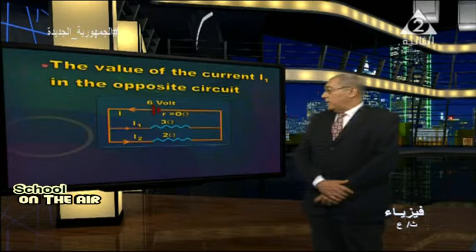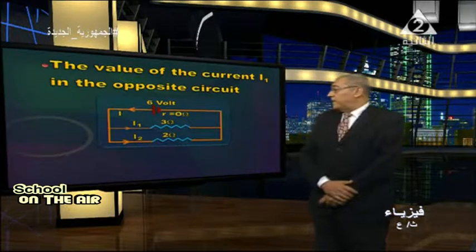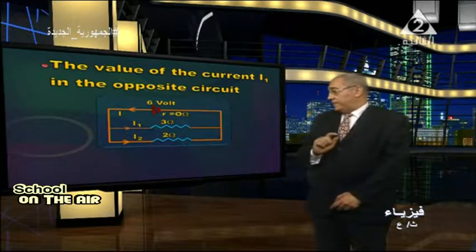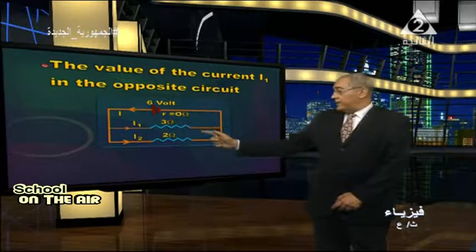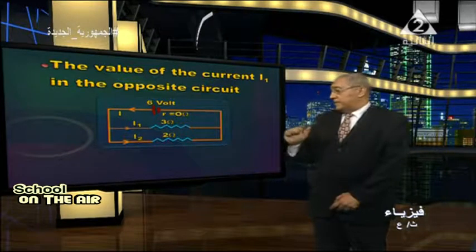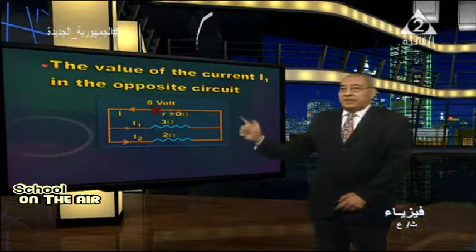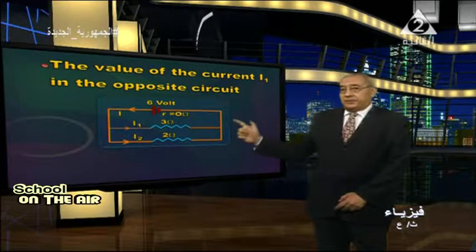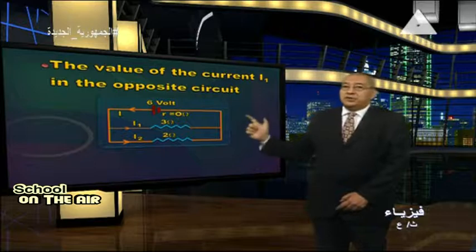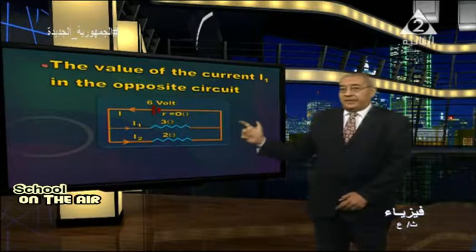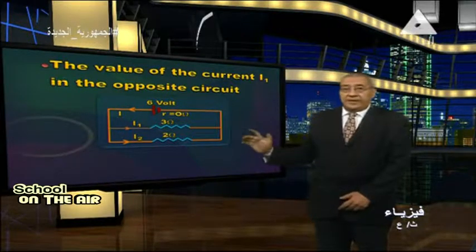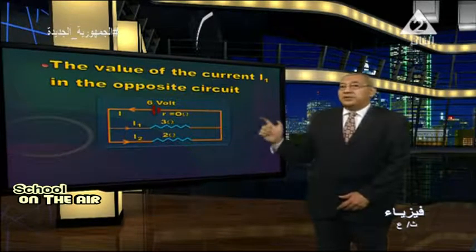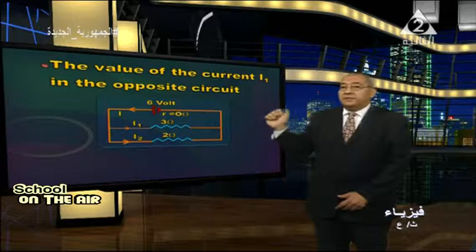The value of the current I1 in the opposite circuit. Your attention, please. Yes, there's something very important. Internal resistance here is equal to 0. And we've got just 2 resistors connected in parallel. We don't have any more resistors. So the voltage of the battery will be the terminal voltage.